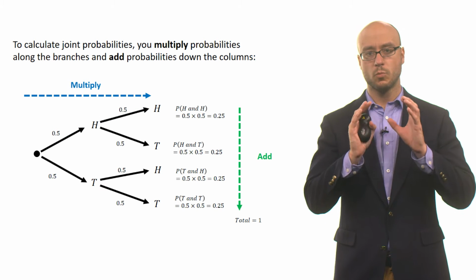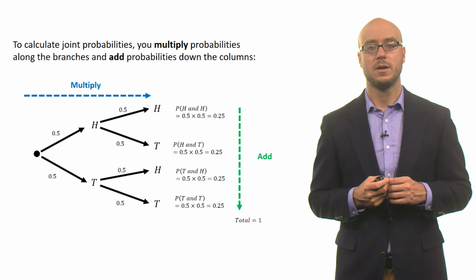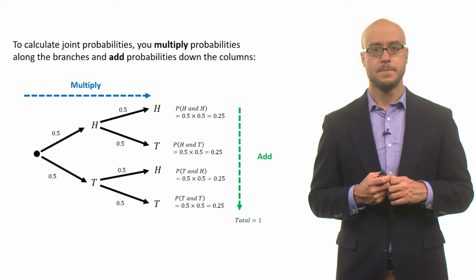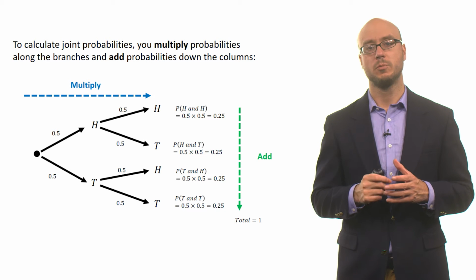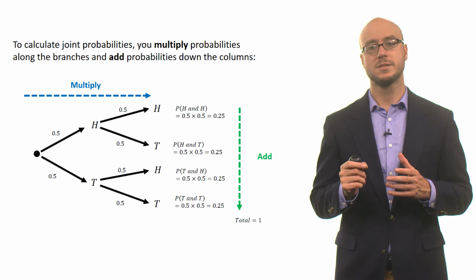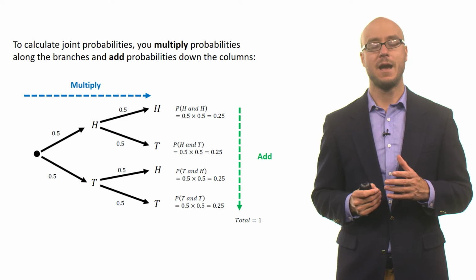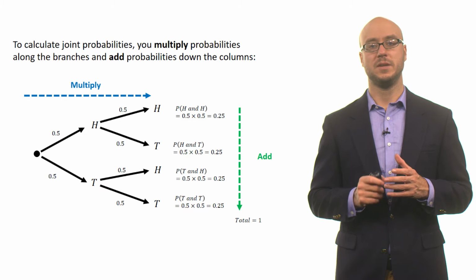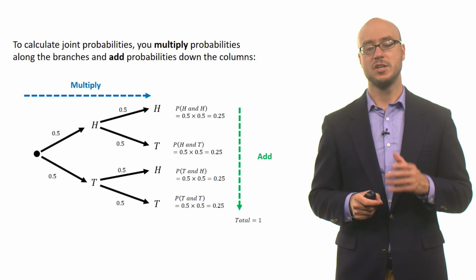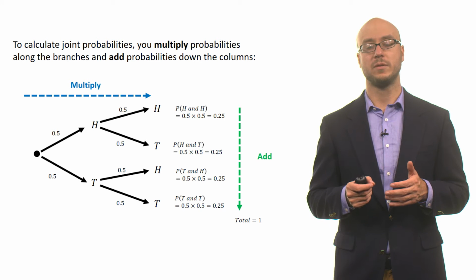So you can see that one way of working with conditional probabilities is to understand that in a probability tree, you're multiplying across and adding down. So for example, in this case, to find the probability of flipping a heads and then a heads again, you multiply 0.5 times 0.5.